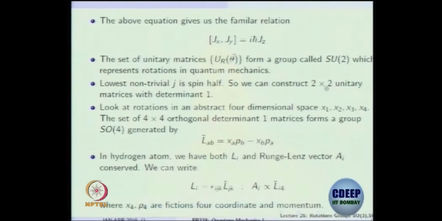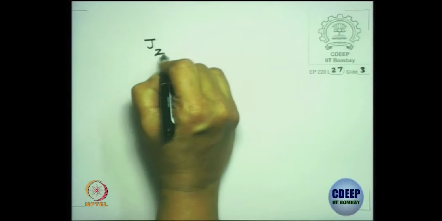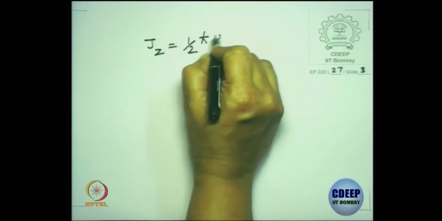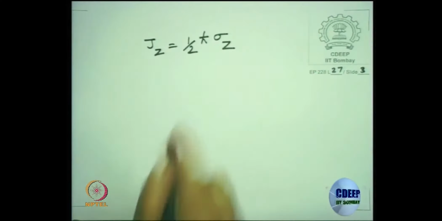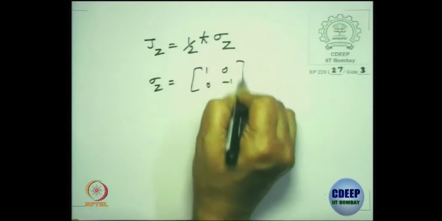And you can have this set of 2 cross 2 unitary matrices. You can check that the sigmas, the Pauli matrices, were all traceless matrices, right? So we can take Jz to be half of h cross times sigma z, where sigma z is the Pauli matrix 1, 0, 0, minus 1.